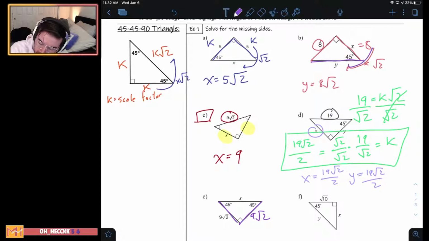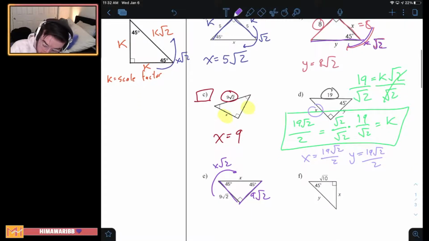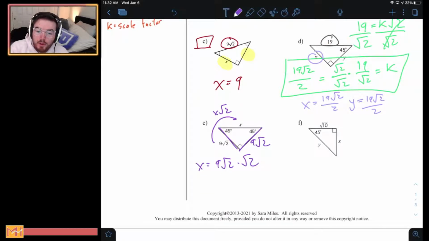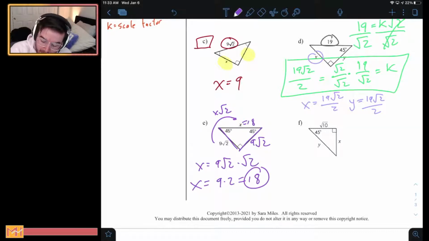We multiplied by root 2, right? Well, guess what? I'm going to do the same thing. Multiply by root 2. But when you take 9 root 2 and multiply it by root 2, root 2 times root 2 cancels out the radical, and it becomes 9 times 2, which is 18. Voila, x is 18.